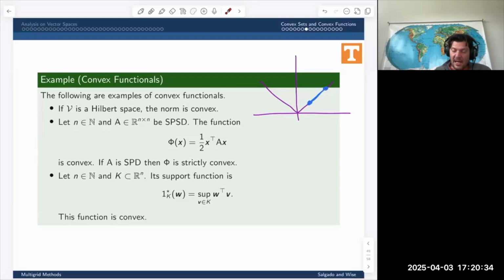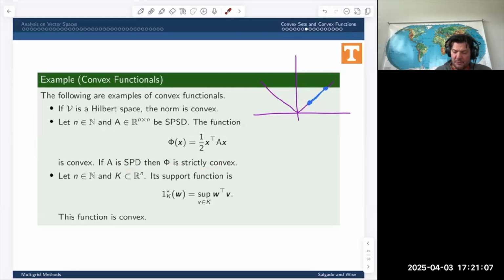If we assume that A is symmetric positive semi-definite, then this function here, it doesn't take too much to show, is actually merely convex. If that matrix is, however, symmetric positive definite, okay, so not positive semi-definite, but positive definite, then this function is strictly convex.